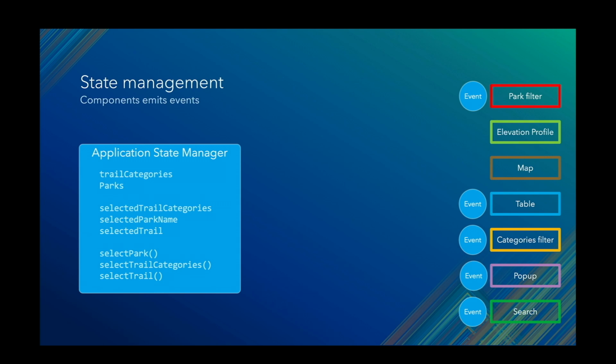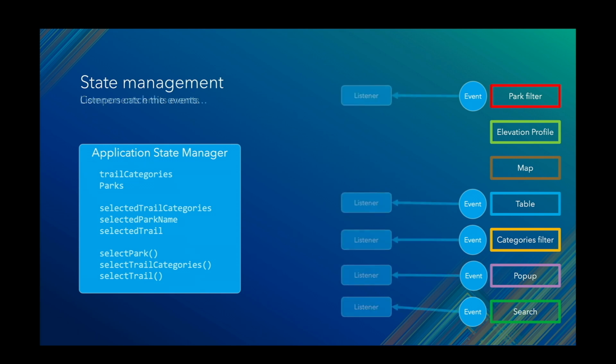So components, like Julie showed, they emit events. So the park filter will emit events, the Calcite chip list will emit events, the table emits events. And so what we're going to do is wire those events to modify the application state, right? So we add some event listeners. We'll go over the code after, but I explain the logic.